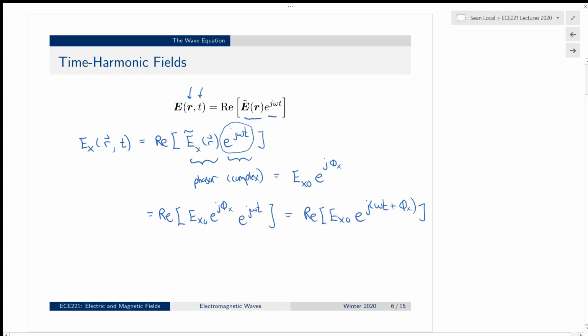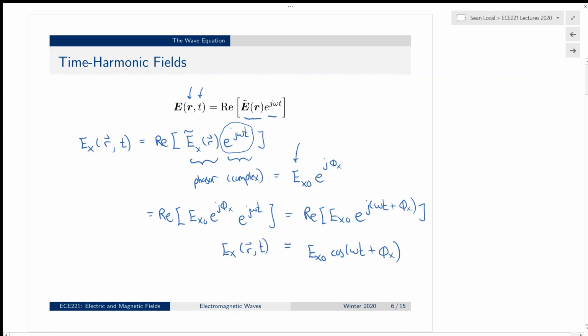And then when we take the real part of that, using Euler's identity, we know that we can split the complex exponential, e to the j x becomes cos x plus j sin x, right? So the real part of that was the cos x. So the real part of this becomes Ex0, which we already knew was a real number because it's the magnitude, times cos of omega t plus phi sub x. So this is how we represent the x component of the electric field.